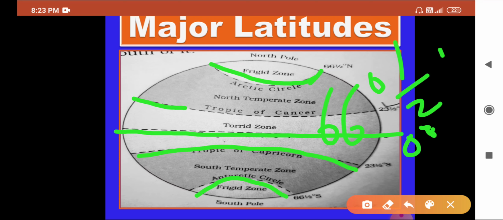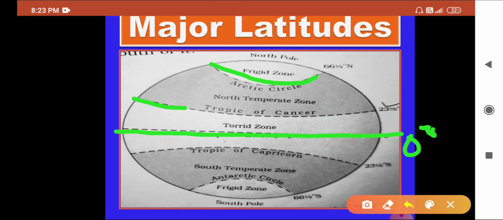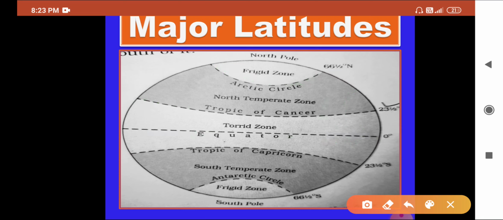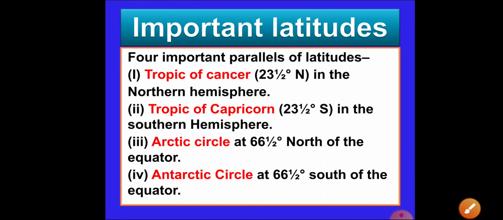Antarctic Circle is 66 degree half minute in the south. So these are some of the important lines of our earth. Although one thing you have to understand, that these are not real. These are only imaginary lines.